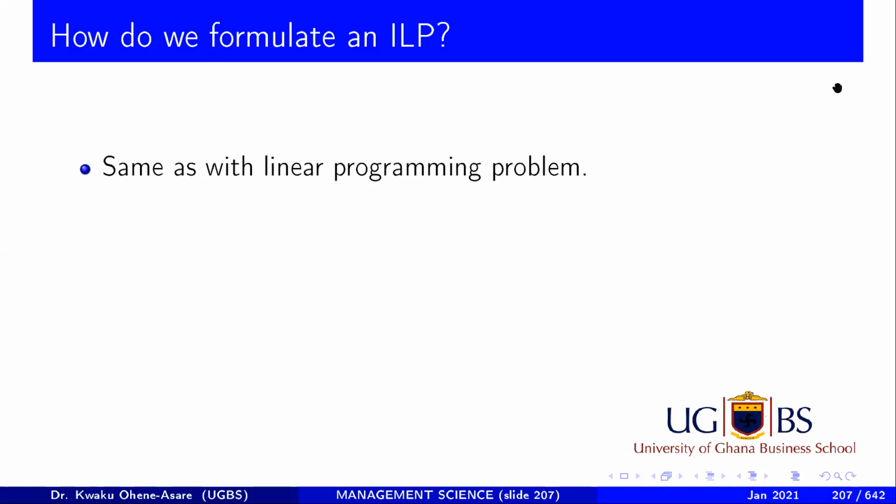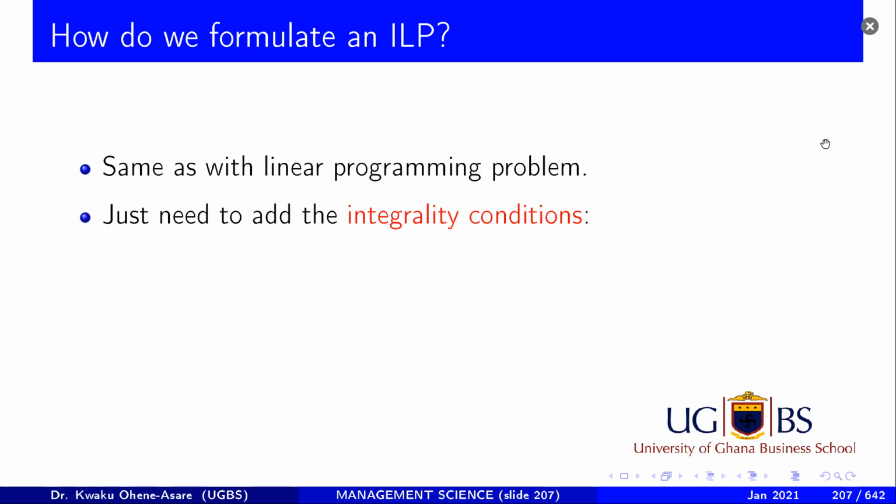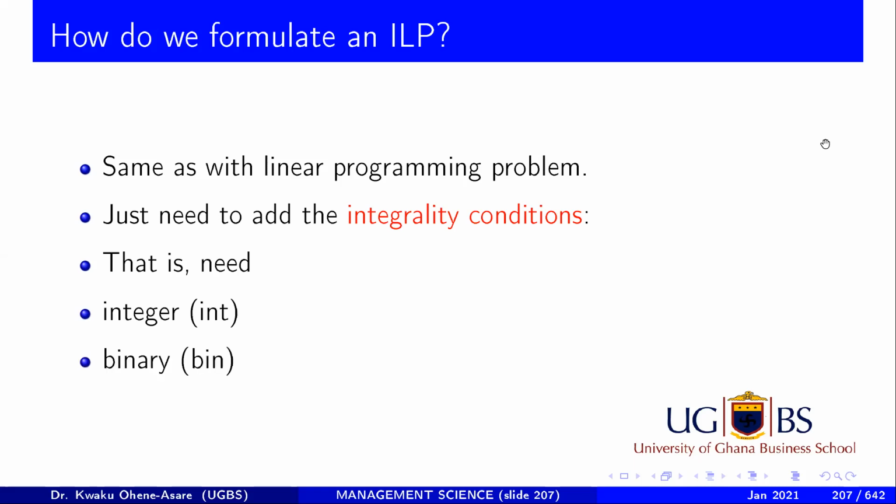Now, what this integer optimal solution does is that it's the same as the linear programming problem. The only thing is that you need some extra condition. In addition to the non-negativity constraint, you need an integrality constraint. The integrality constraint in Excel is called int, integer.